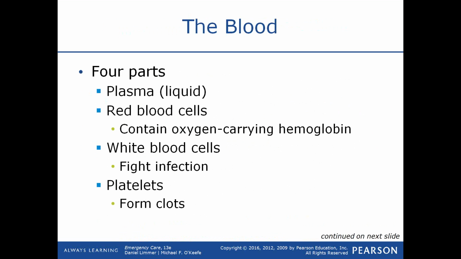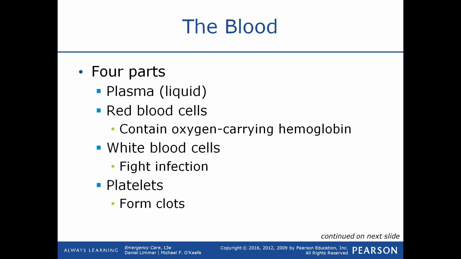Now, white blood cells, there are 5 different types of white blood cells, and white blood cells fight infection. And depending on what types of white cells are in your system when you measure the blood count, will determine what stage of the infection you're in.